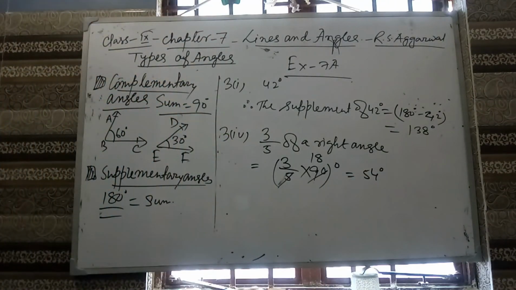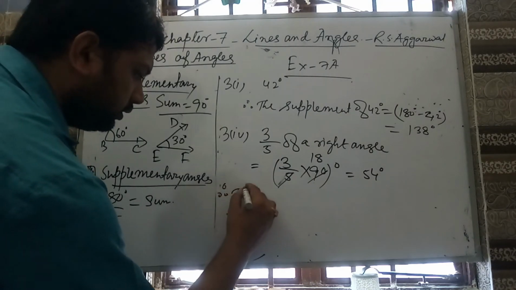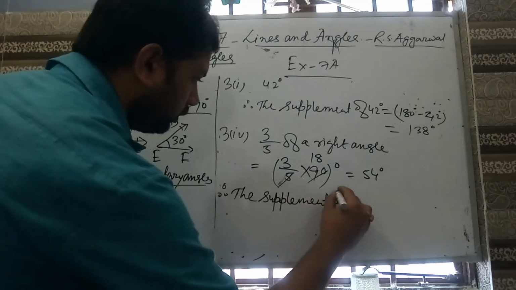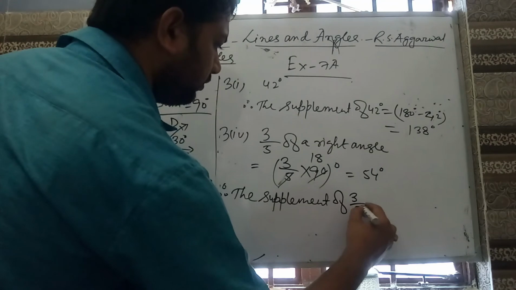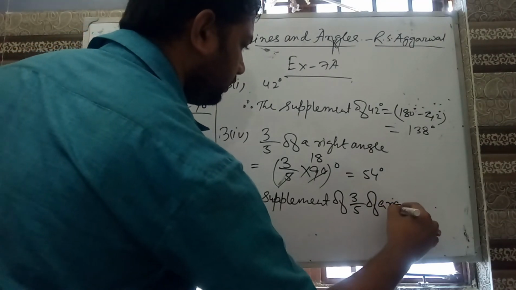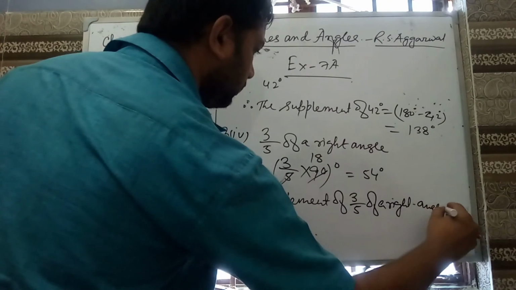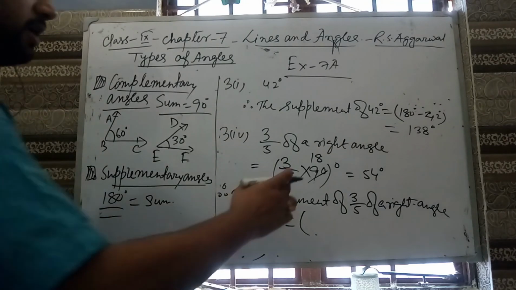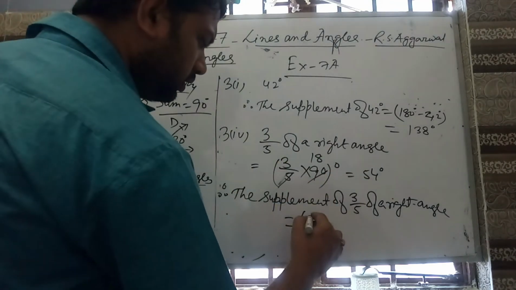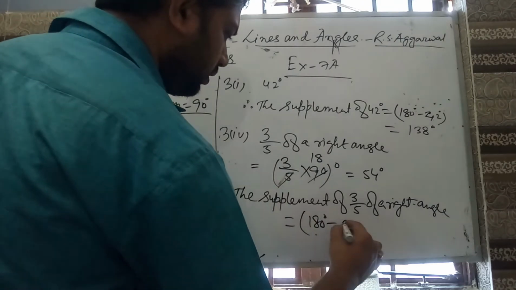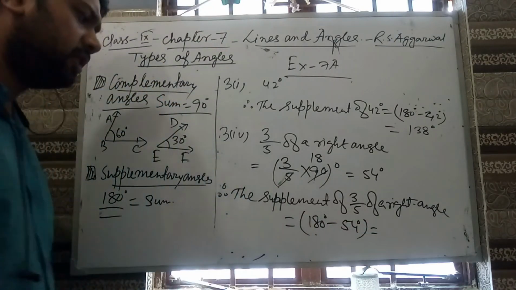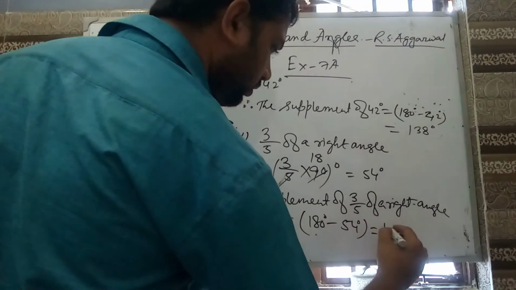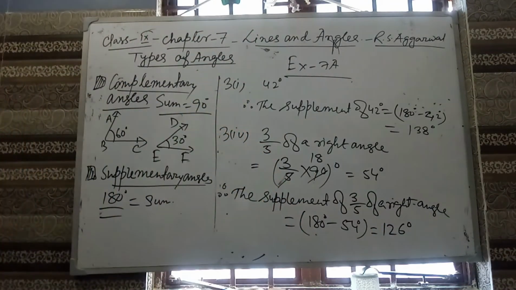Now in the next step we will write, therefore the supplement of 3/5 of a right angle is equals to 180 degree minus 3/5 of right angle, which is 54 degree. So 180 degree minus 54 degree. What will be the value? 126 degree. Clear?